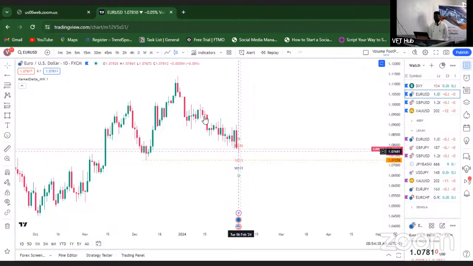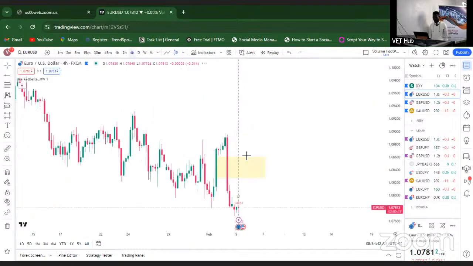When you go to the 4-hour time frame to check, you see this void that is being marked. So we expect price to buy all the way to this level. When price gets to this fair value gap, this is an RFID left and right. So when price gets there, that's when you can look out to short Euro USD.